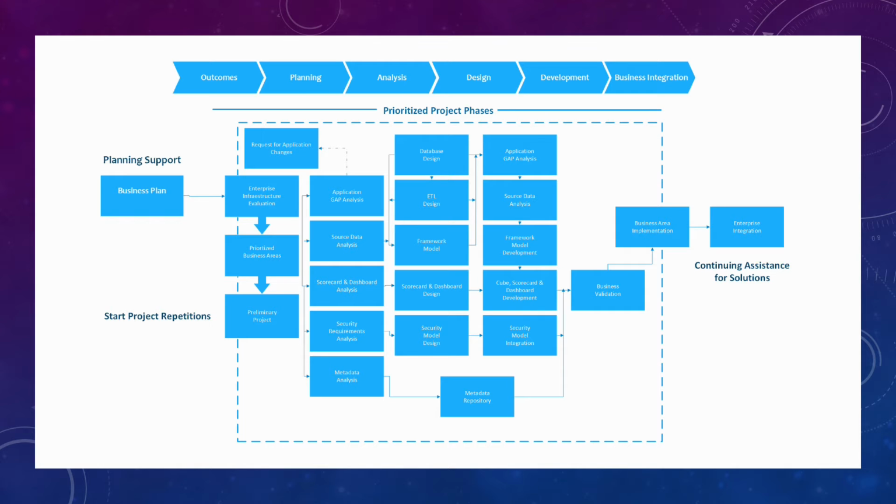To achieve the objectives of my strategy, we have prepared the following EDM plan. I determine different stages: outcomes, planning, analysis, design, development, and business integration.